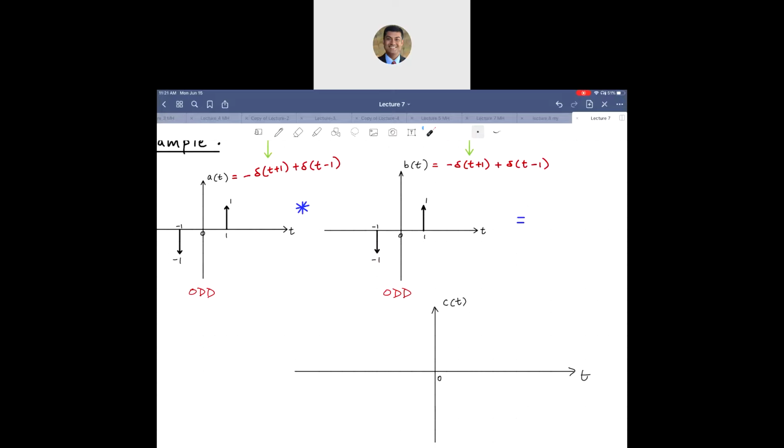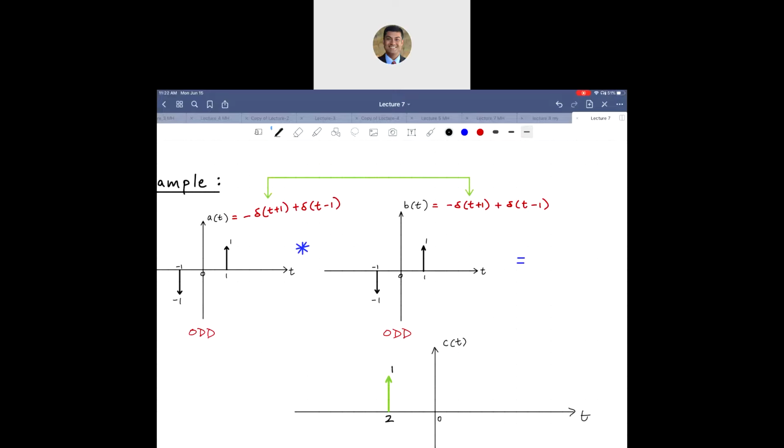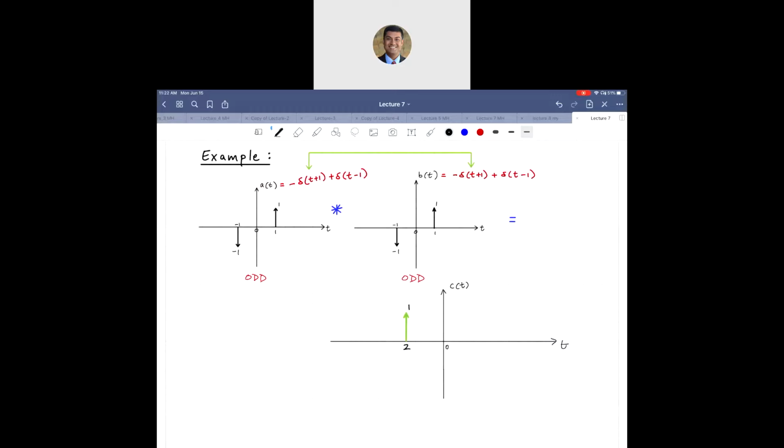The height will be -1 times -1, so 1. The time will be -1 plus -1, so -2. So let me point that, 1, 2, pointing up right there. This is going to be at time -2, and the weight is going to be 1. So those are the negative delta t plus 1, those two terms.